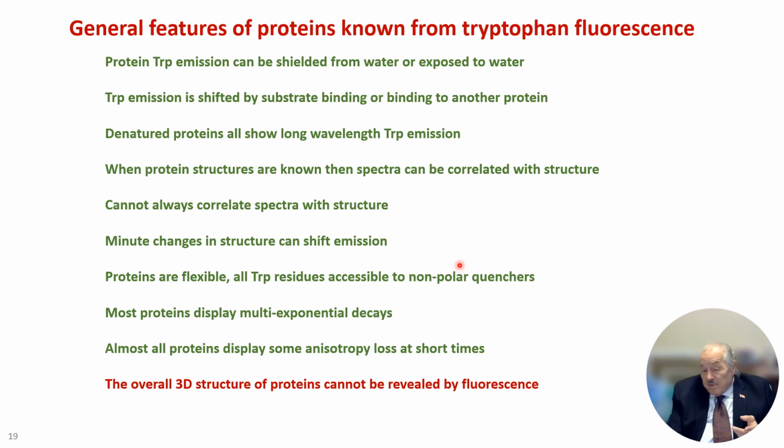We showed in the previous lecture how contact with just one alcohol group, serine in particular, could totally shift the emission spectrum of the tryptophan in an azurin protein. Almost all proteins display multi-exponential decays.